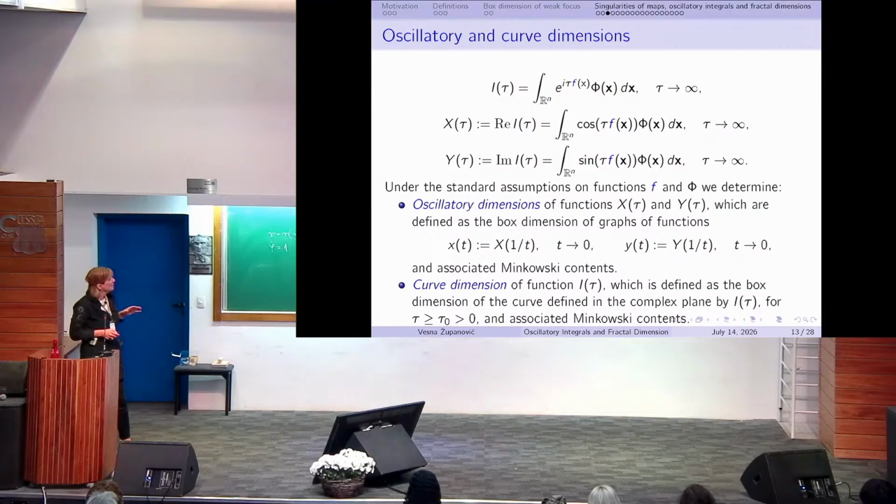So we put infinity to 0 in order to measure oscillatority. The oscillatory dimensions are defined as the box dimension of graphs of this function. So we'll have two oscillatory dimensions for each curve. And the curve dimension is the dimension of the curve defined by the parametrization x tau and y tau.